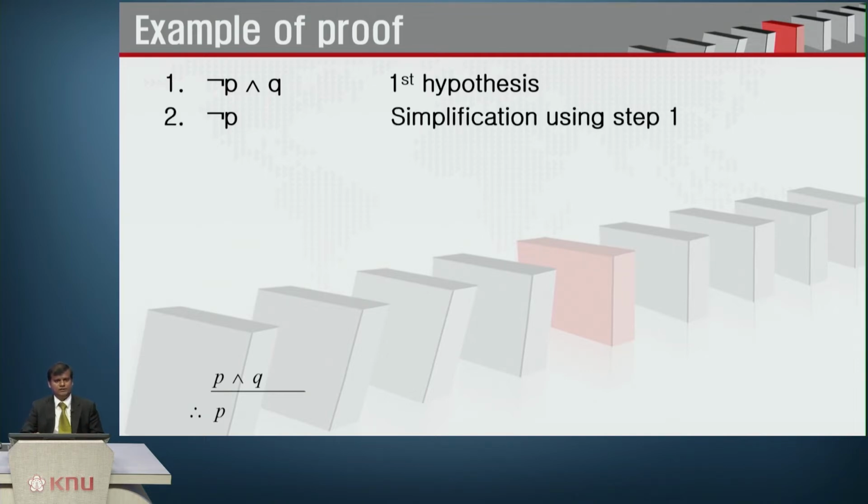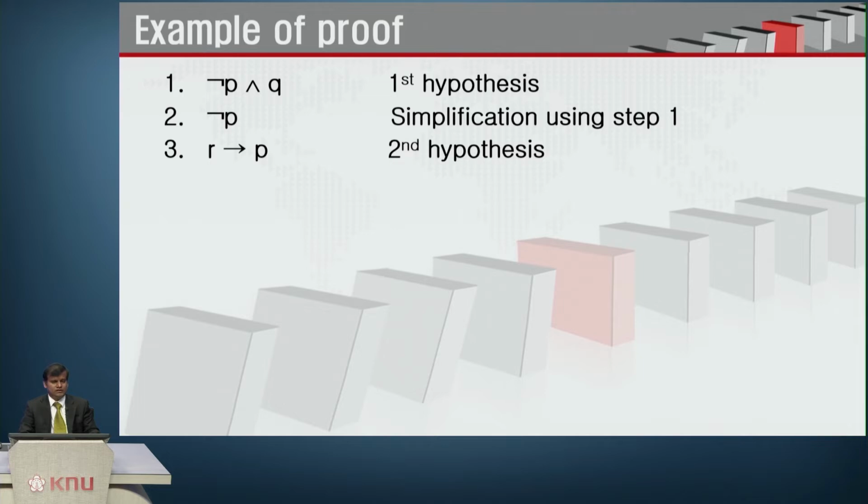So from this first hypothesis, the negation of P has been taken as simplification. For simplification, we are just taking the negation of P, assuming that the first hypothesis, negation of P and Q, is true. If that is true, then we can say that negation of P is true. Second hypothesis, R implies P.